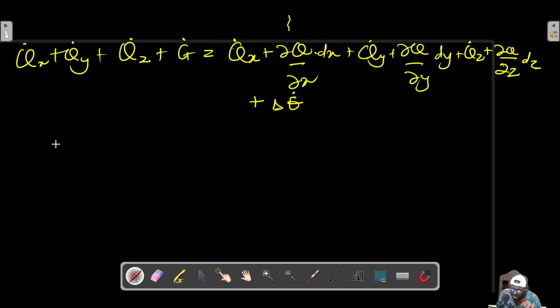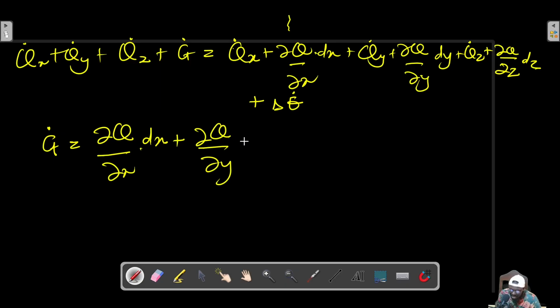We end up with G dot is equal to del Q del x dx plus del Q del y dy plus del Q del z dz, with subscripts x, y, and z respectively.